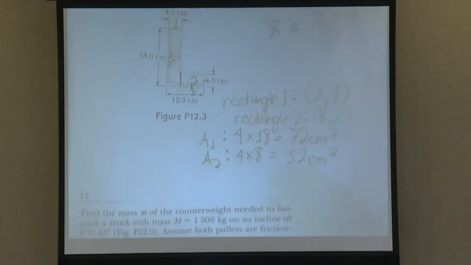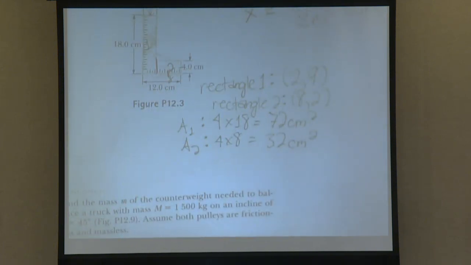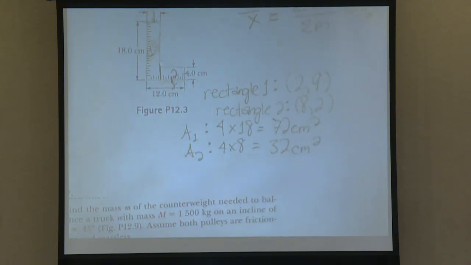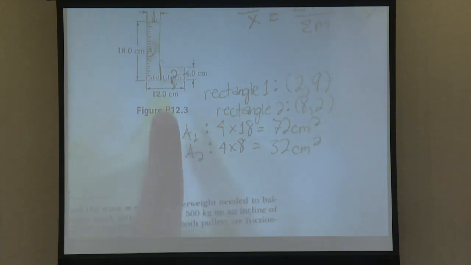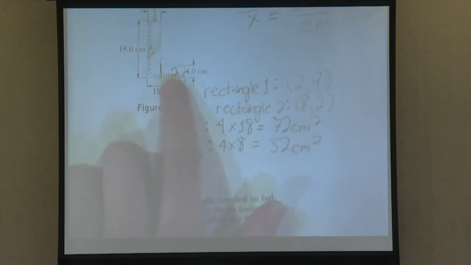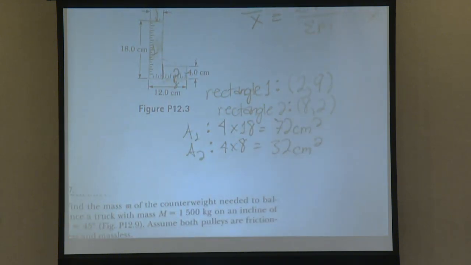Okay? And the reason we're doing that is because the amount of area in that section is going to be equivalent to the amount of mass. So if a certain percentage of the area is located in this rectangle, then that's the amount of mass we're going to have.